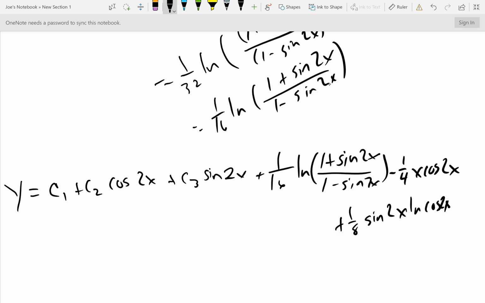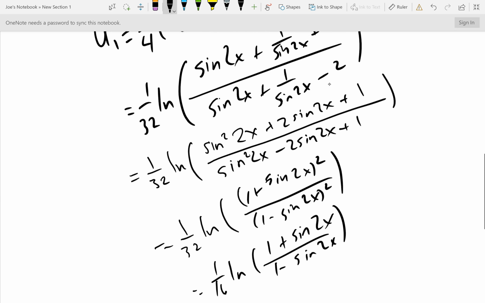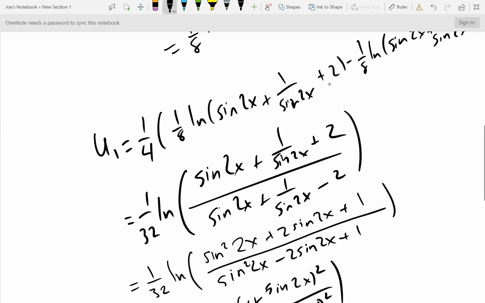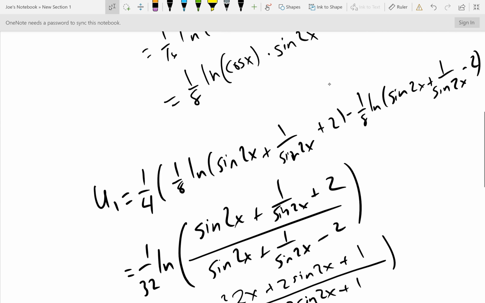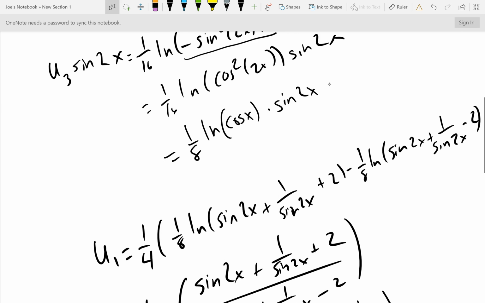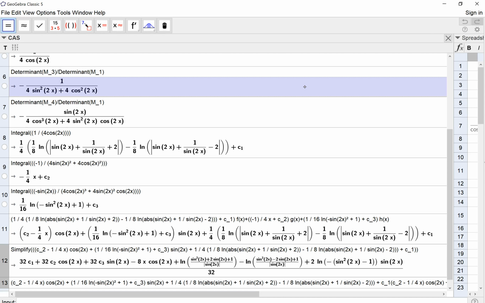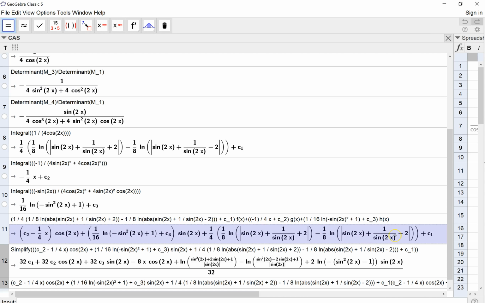Again, the simplification was a little ugly, but on your exam, I would not expect you to rewrite this as some nicer form, which is what we did here. We spent a little bit of time on that, but make sure we concentrate on getting our u1, our u2, and our u3. Again, if we switch back over to GeoGebra, those are right here in line 11. That's highlighted here.